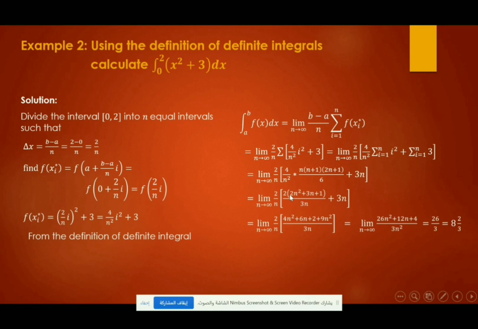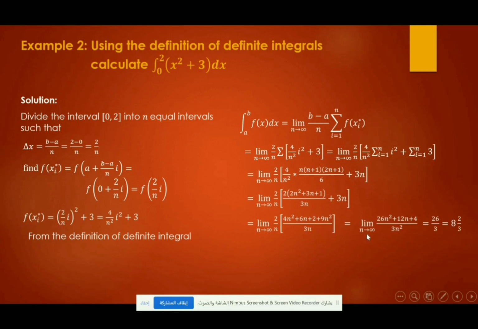And you will get 2n squared plus 3n plus 1 over 3n plus 3n. Next, you can open the bracket by multiplying 2 by each to get 4n squared plus 6n plus 2, plus 9n by multiplying 3n by 3n. That will make it 9n squared divided by 3n. This is how to equal and expand brackets.